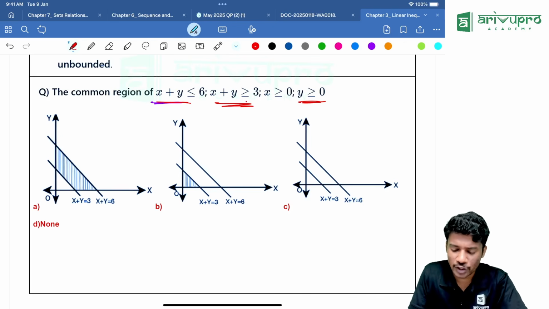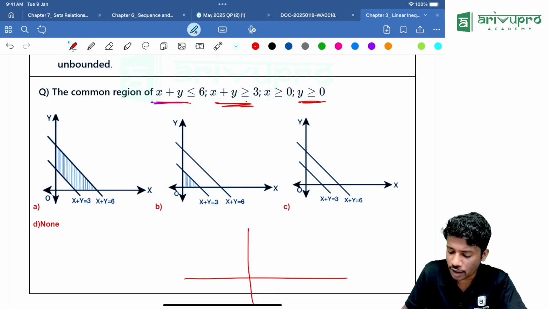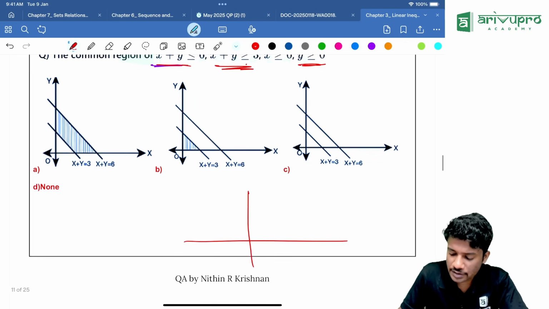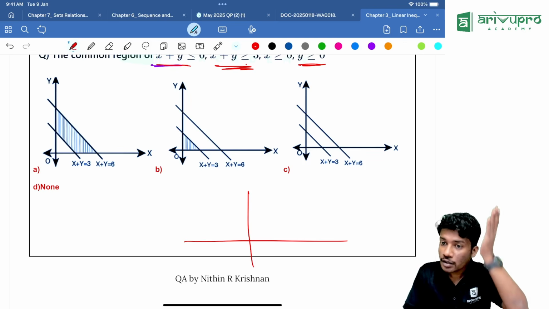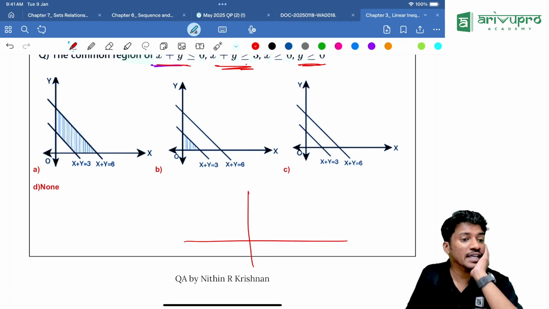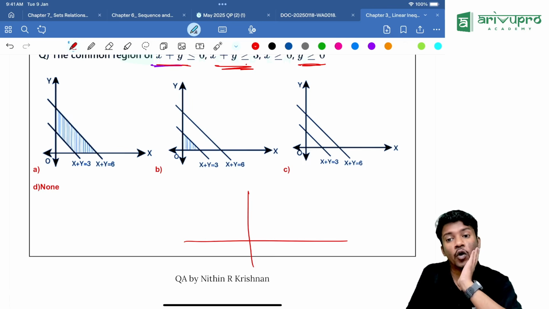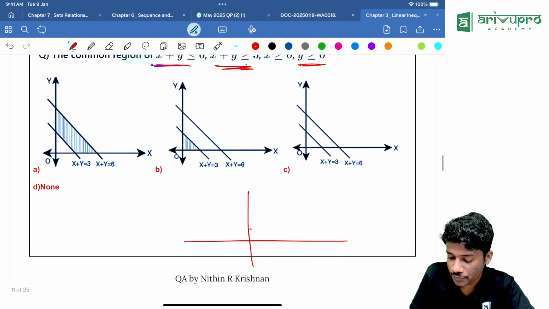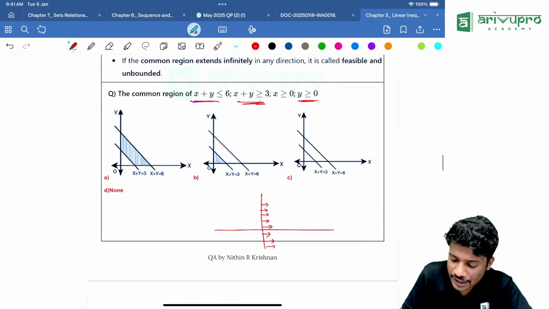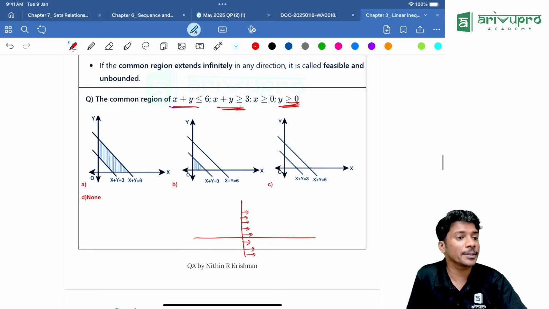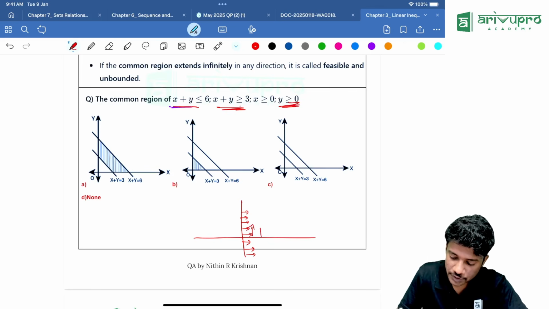x greater than or equal to 0 means the area will be towards which side? The x value will be greater than or equal to 0, so towards the right side. Now, y greater than or equal to 0 means the area will be towards the top side.